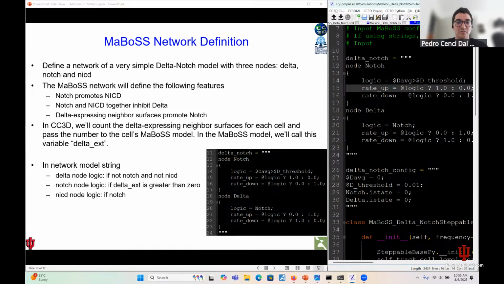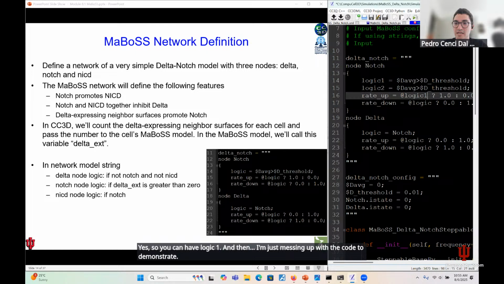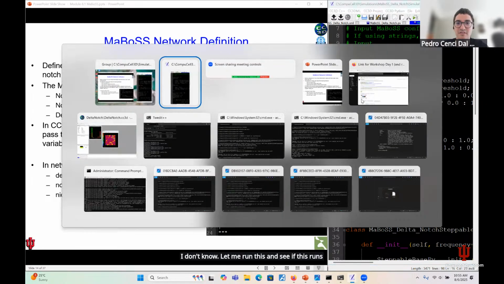Anastasia asks, could you also use different logic for rate up and rate down? Yes. So you can have logic 1, and then I'm just messing with the code to demonstrate. So you can have logic 1 and logic 2 like this. I think. I could be wrong though. Let me run this and see if this runs.